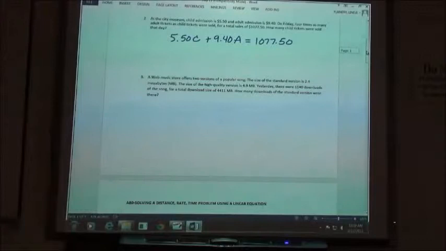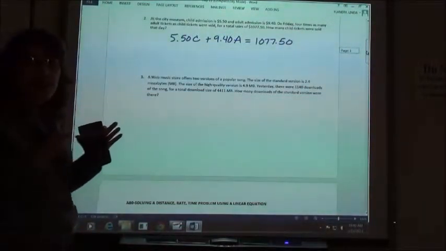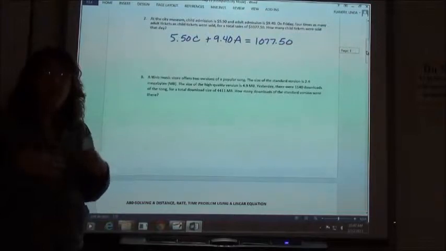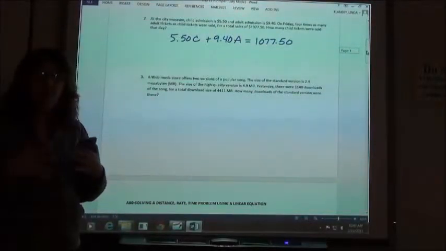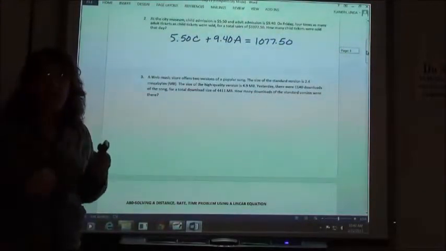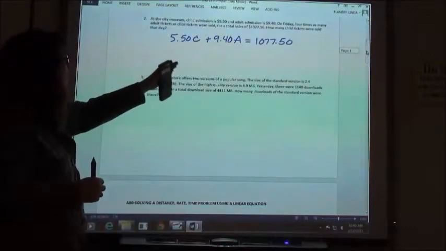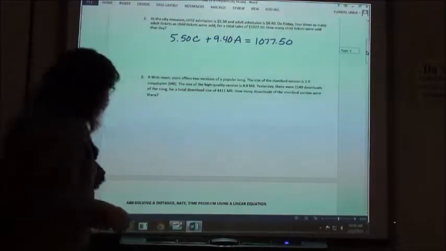My other equation is from the second sentence. The second sentence says, on Friday, 4 times as many adult tickets as child tickets were sold. So, again, when you're thinking about translating these, whatever thing is mentioned first, that's the variable that is set equal to something else. There were 4 times as many adult tickets.